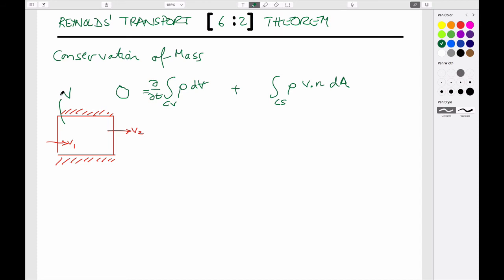So this has some volume V, and this whole dashed line that I'm defining here is the control volume. The control surface is just the contour, and the control volume is everything inside the contour. So this is the control surface.